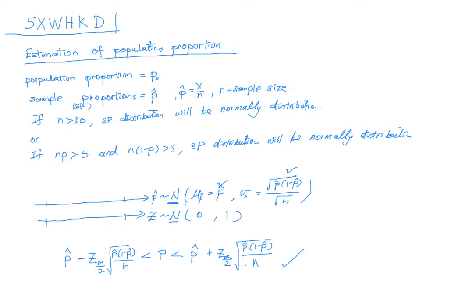So why must we always check this? The reason is because we want to use this formula. If not, then you have to use another type of distribution, chi-distribution and so on. That one we didn't learn.